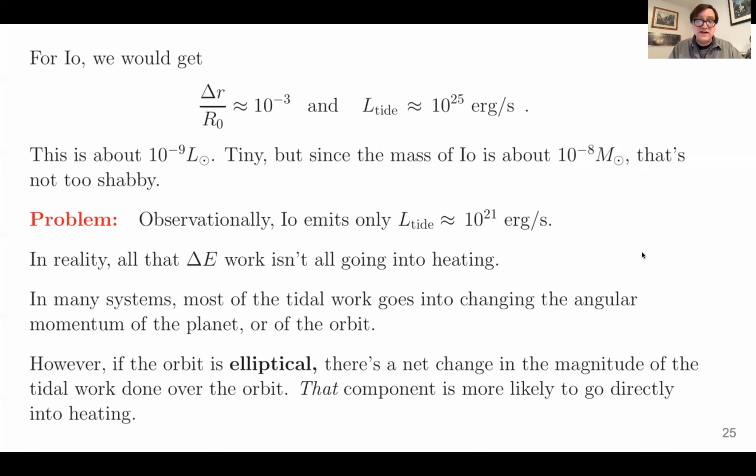There is a way of estimating that leftover bit, though, because that comes from the ellipticity of the orbit, the fact that it's not a circular orbit. In one elliptical orbit, Io gets closer to Jupiter, further away, closer and further away. The magnitude of the deformation changes once per orbit, and that change in magnitude is the component that turns out to be very easily extractable as heat.